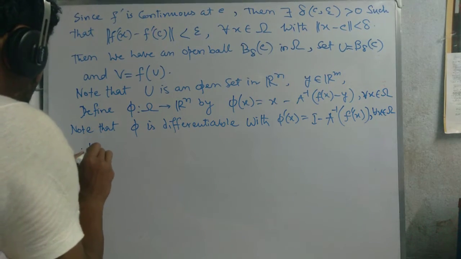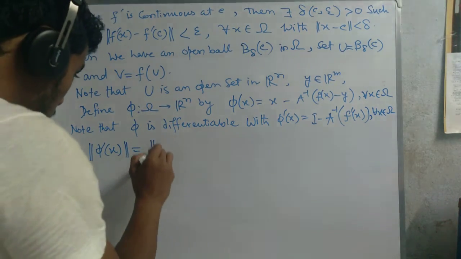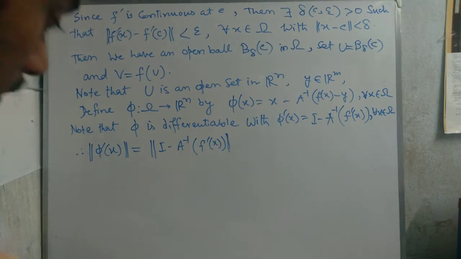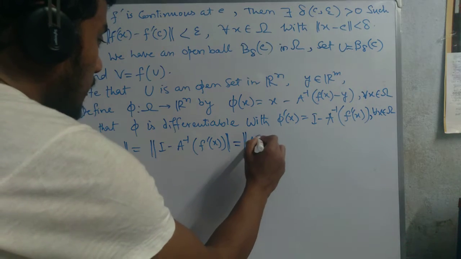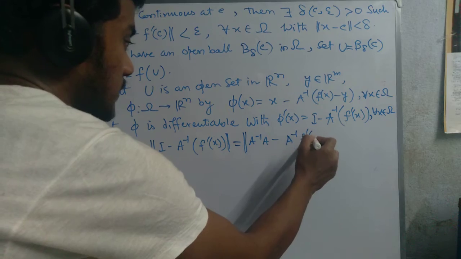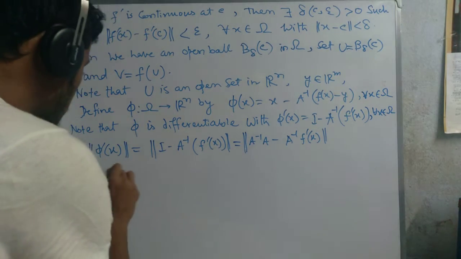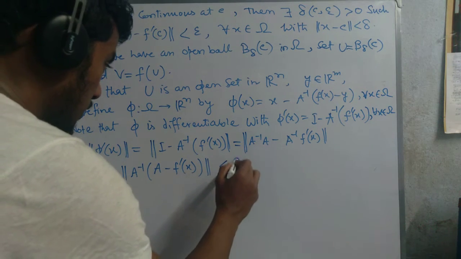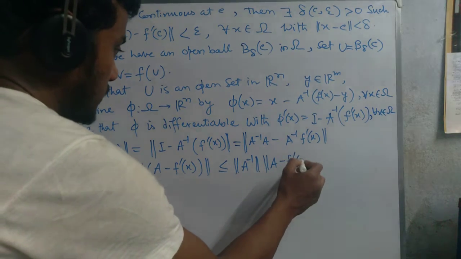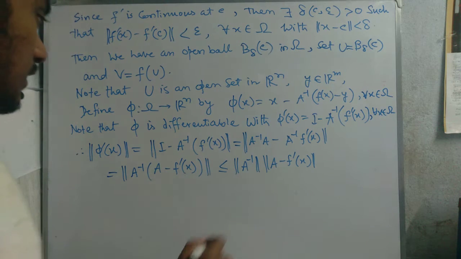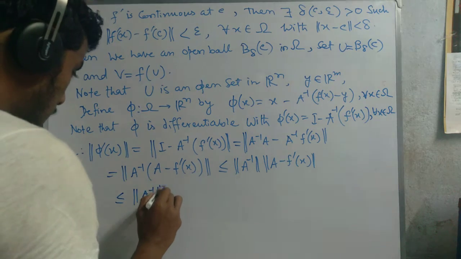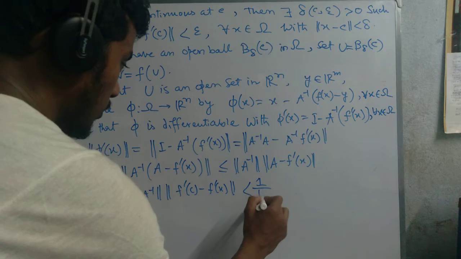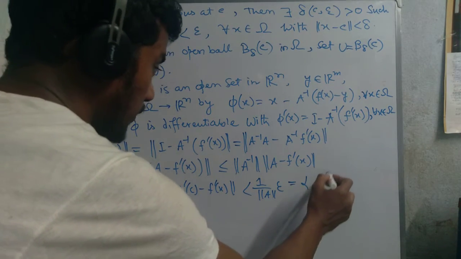Then the norm of phi'(x) equals the norm of I minus A inverse f'(x), which equals the norm of A inverse (A minus f'(x)), which is less than or equal to the norm of A inverse times the norm of f'(c) minus f'(x), which is less than 1 by the norm of A times epsilon, which equals alpha.